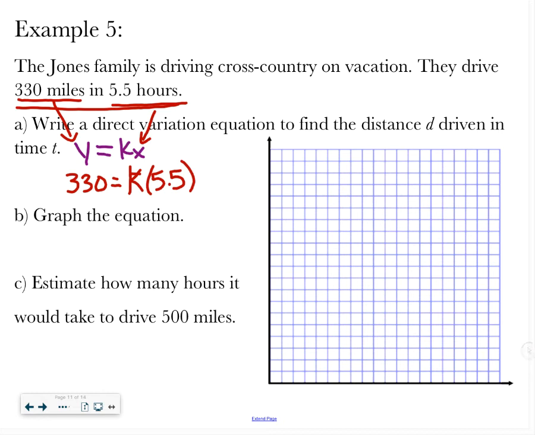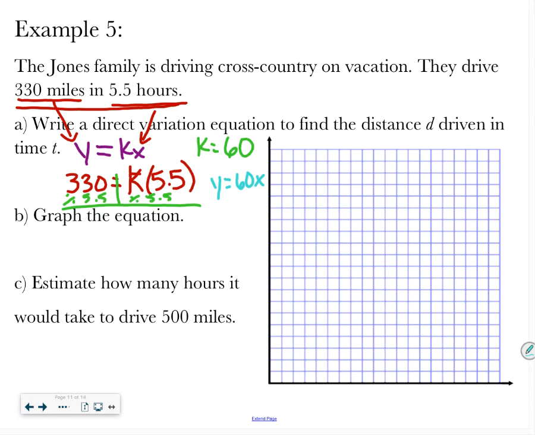If I divide both sides by 5.5, I end up getting k to equal 60. Okay? Then I could go ahead and write my direct variation equation. I could say y equals 60x.